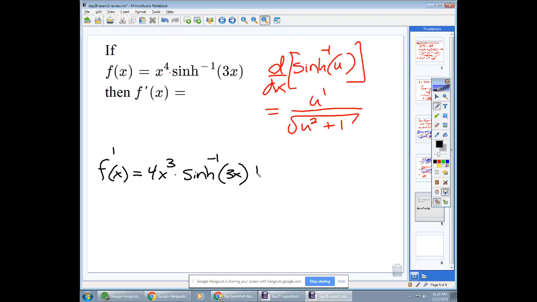Then the product rule says add on to that, leave the first function alone, so that would be just x to the 4th, and then multiply by the derivative of the second function. Let's see, what is my u here? It's 3x. Derivative of 3x is 3. So there's going to be a 3 in the numerator here. Otherwise, I just divide by the square root of (3x) squared plus 1.